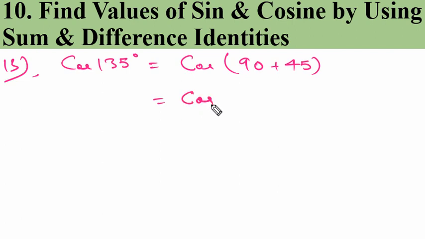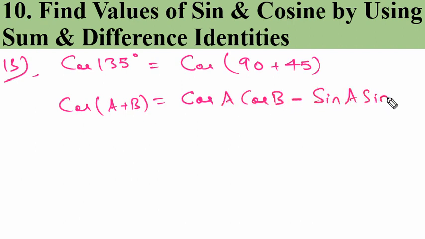If you have cos A plus B, you write it as cos A cos B minus sin A sin B. Now what is A? A is 90 and what is B? B is 45, right? So just substitute the values and you will get your answer. Now I'm not going to solve it because you can also do it using the calculator. Eventually you will have to use the calculator.